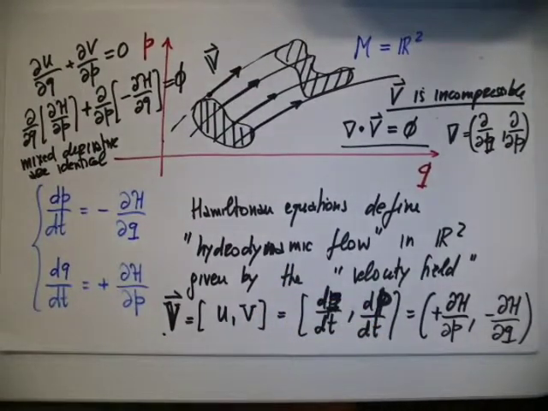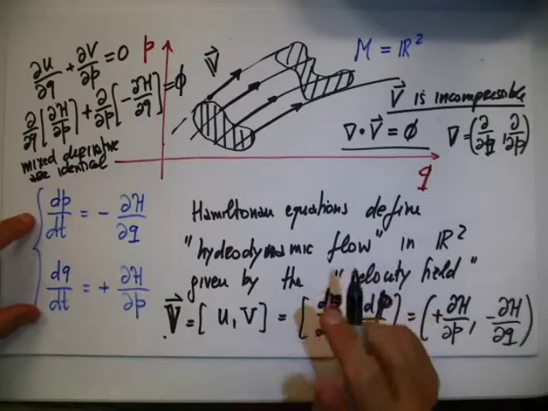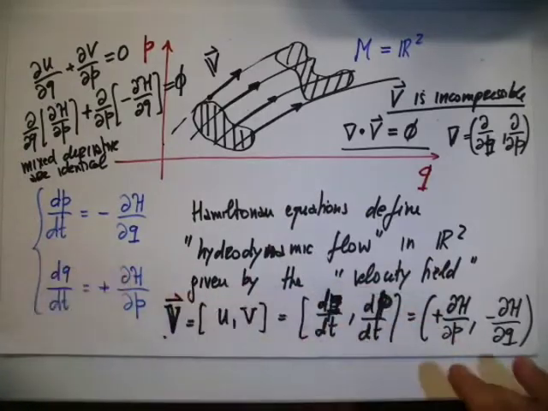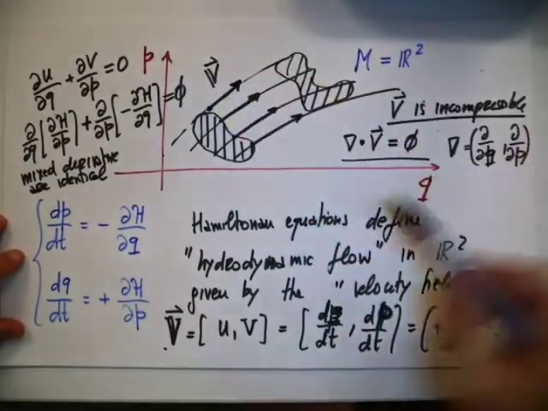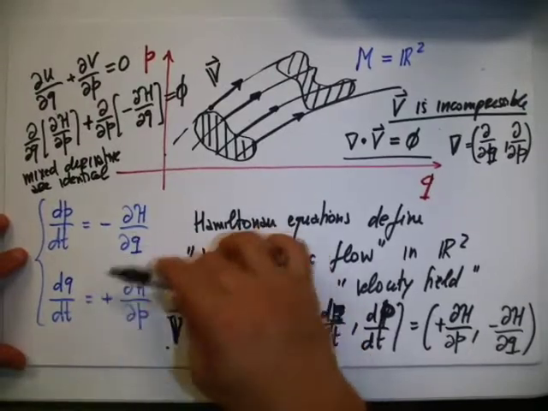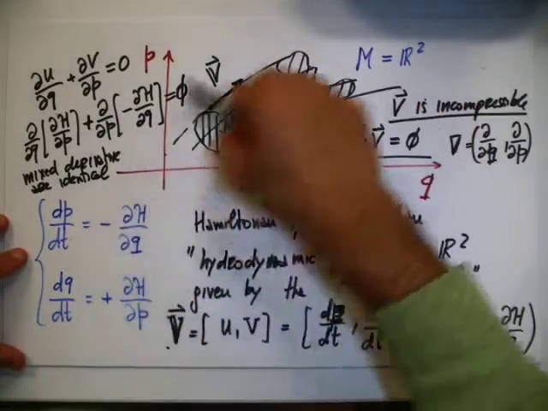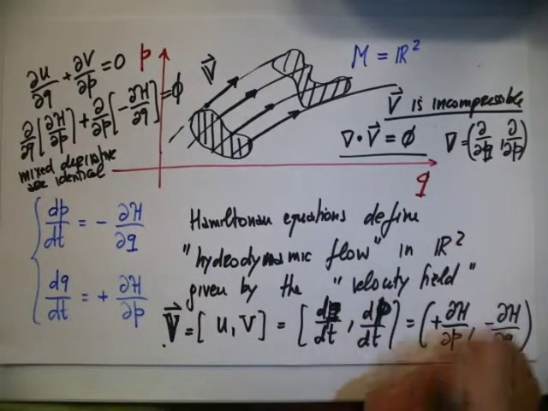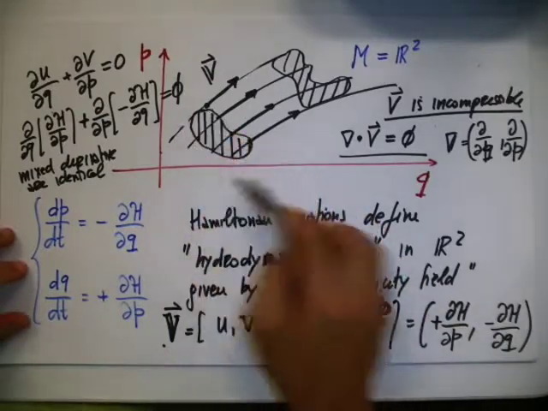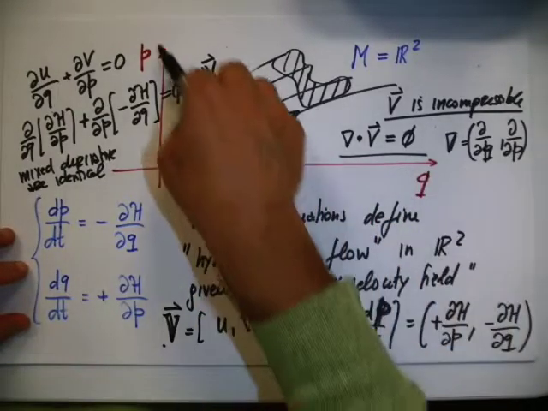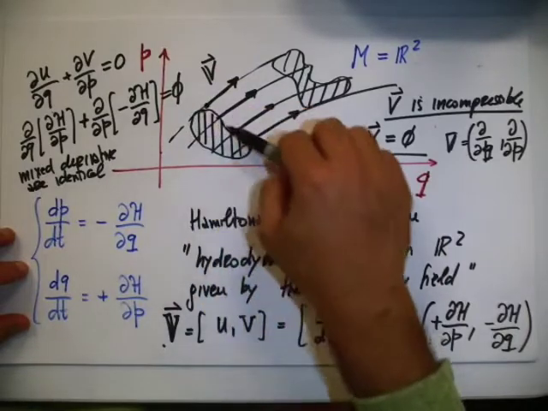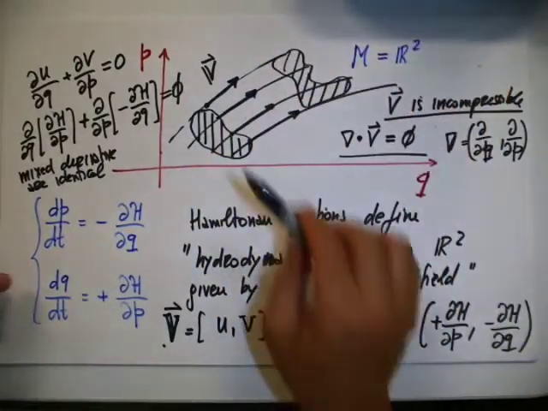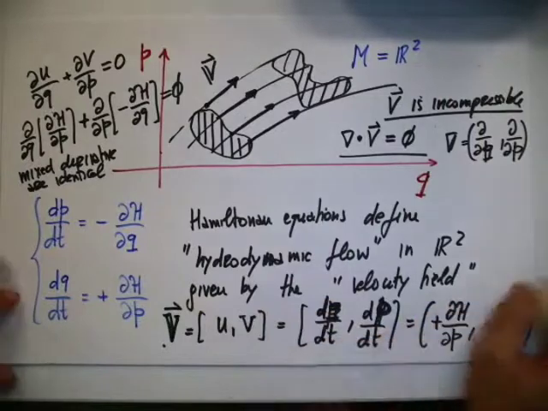Okay, so a Hamiltonian equation generates a pseudo hydrodynamic flow in the variables P and Q, and the flow evolution is in such a way as to keep the flow incompressible, and so patches of area evolve under the flow by keeping the area constant.